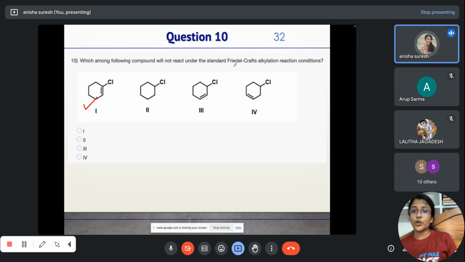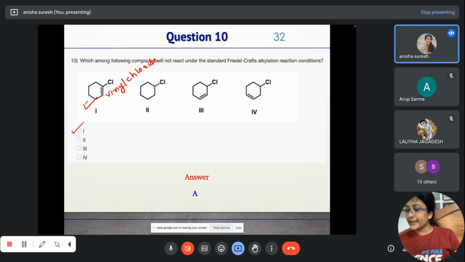So it cannot undergo Friedel-Crafts alkylation reaction. So option 1, because this is a vinyl chloride. Aryl or vinyl halides will not undergo Friedel-Crafts alkylation reaction. So the correct option is option A. That is 1. Is this clear?